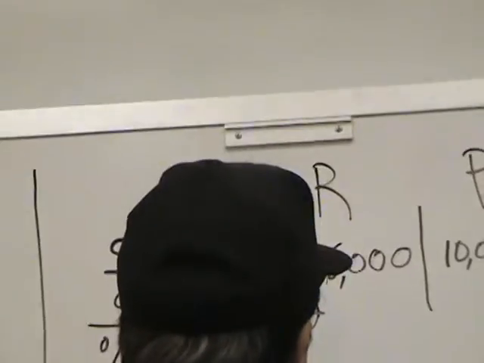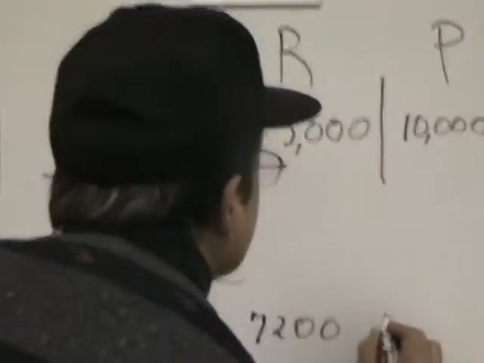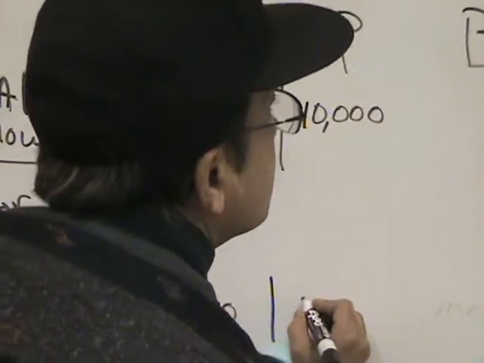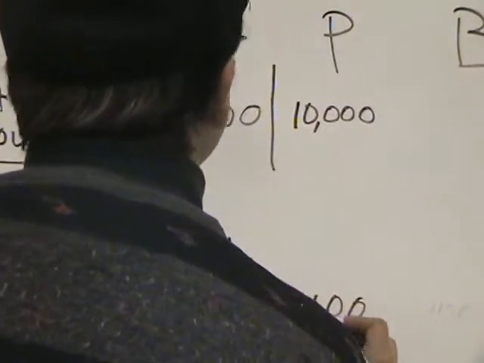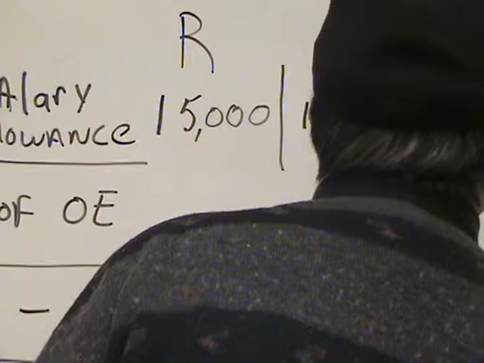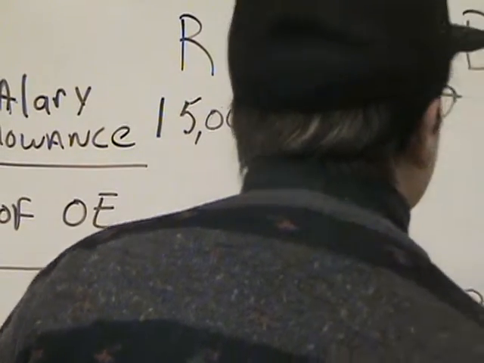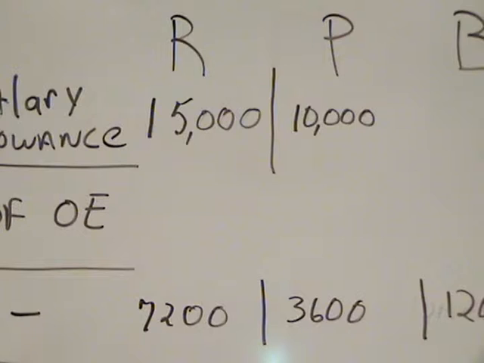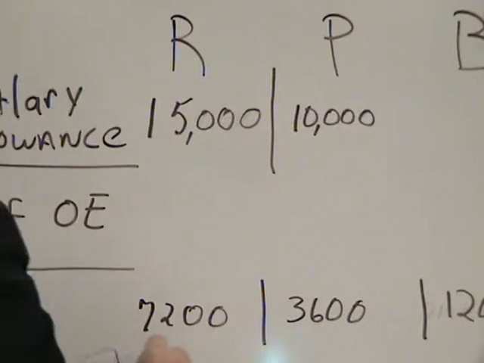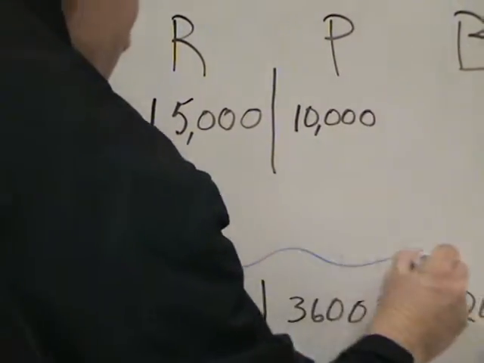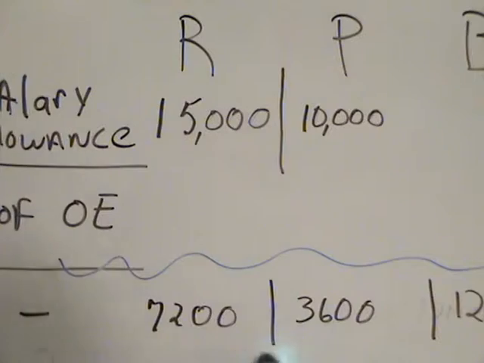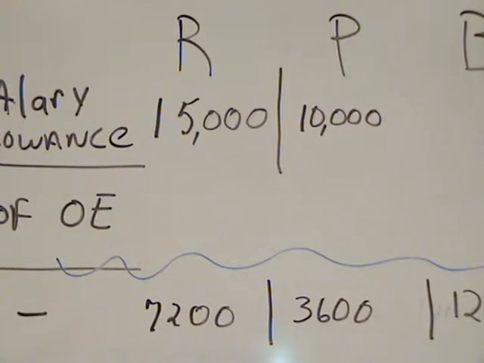7,200. And 1,200. I don't have a red marker with me, but I call that under the red line.